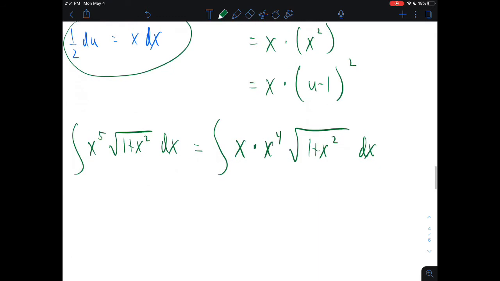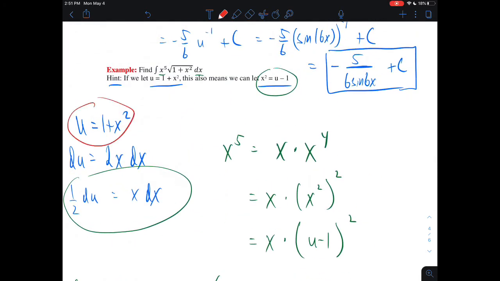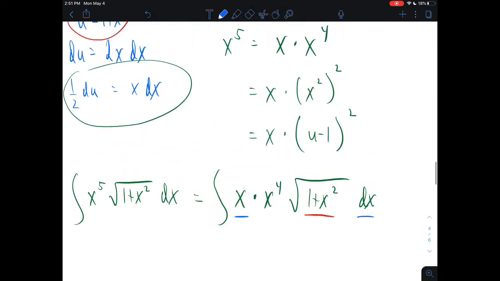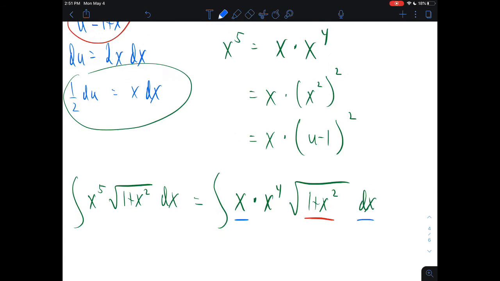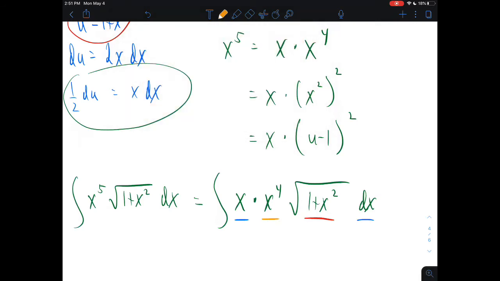Okay, so now my substitutions. First of all, the 1 plus x squared, that's going to be replaced by u. Then I have the x and the dx. That's going to be replaced by 1/2 du. Then I also have x to the fourth. That's going to be replaced by u minus 1 quantity squared.